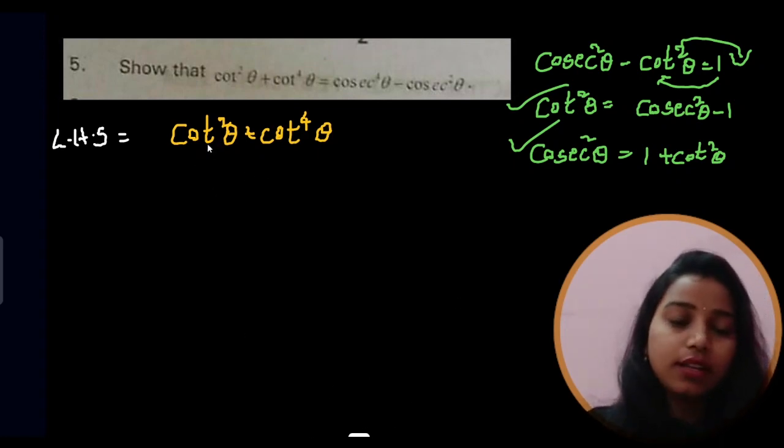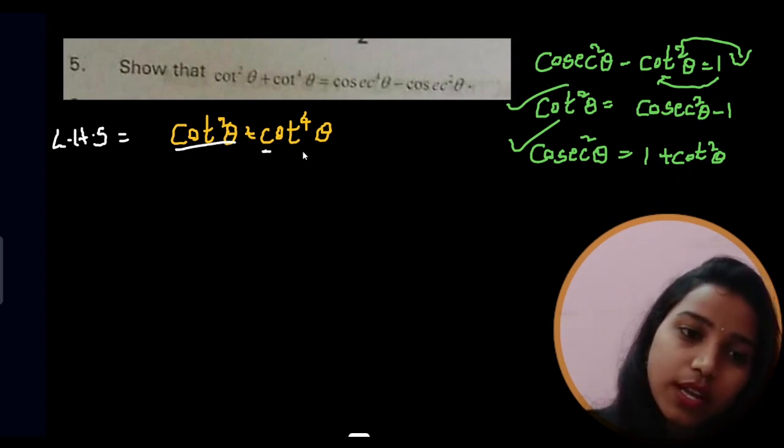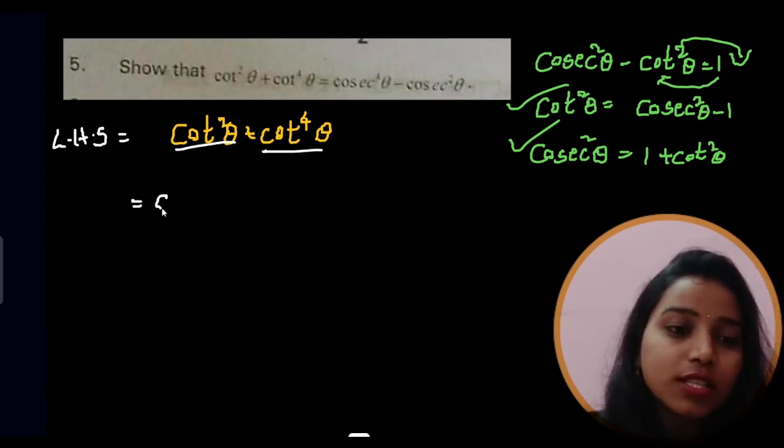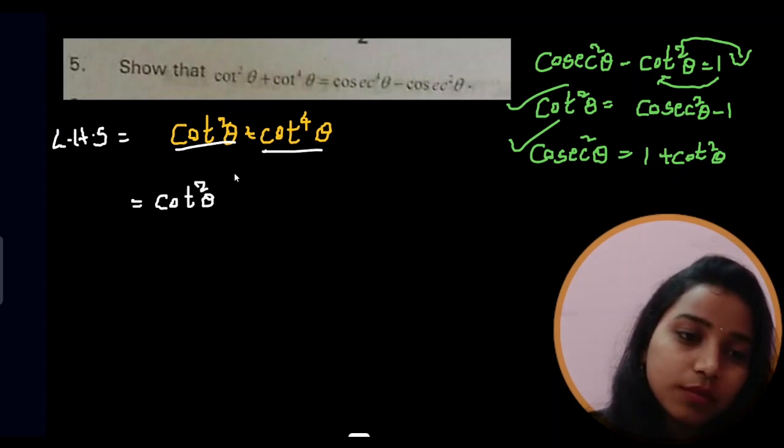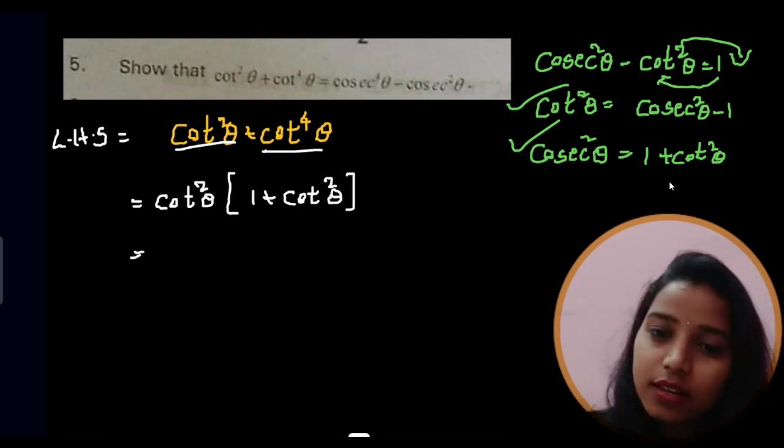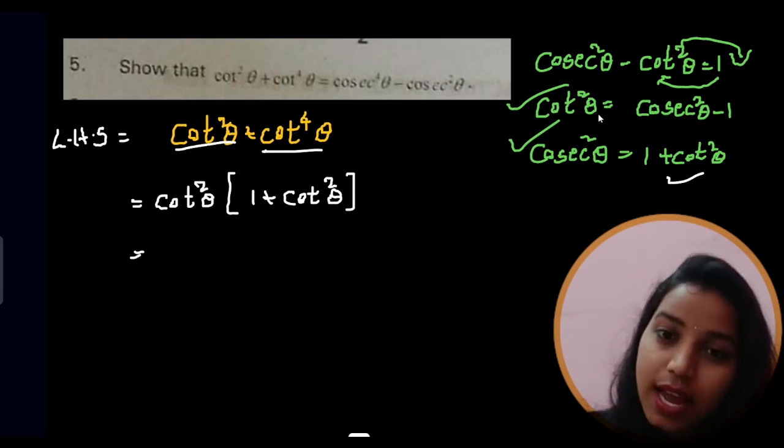So let's write it. Here we have cot square and cot power 4, right? So I am taking cot square common from both the terms. Then what happens? 1 plus cot square theta, right? Now, what is 1 plus cot square theta? It is nothing but cosec square theta, and cot square theta is nothing but cosec square theta minus 1.